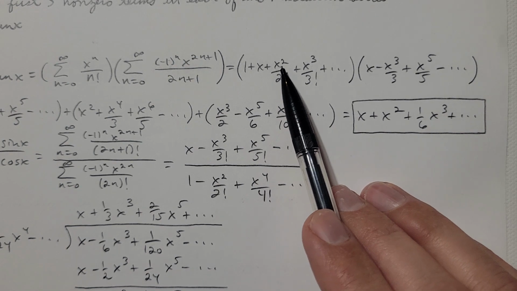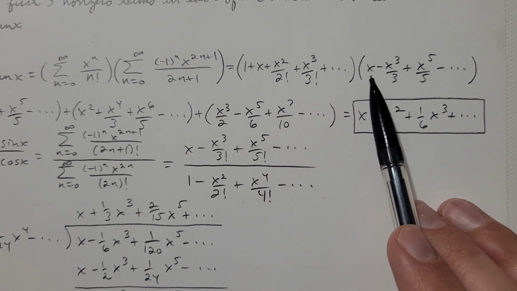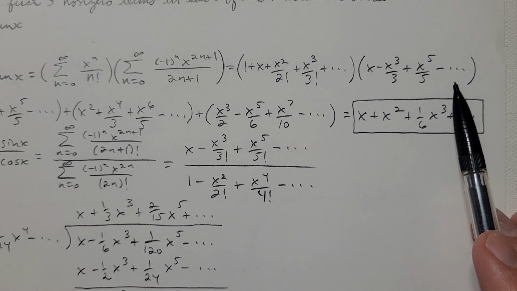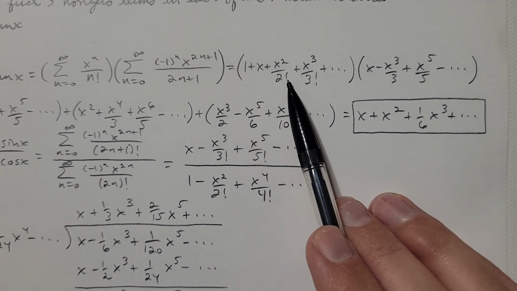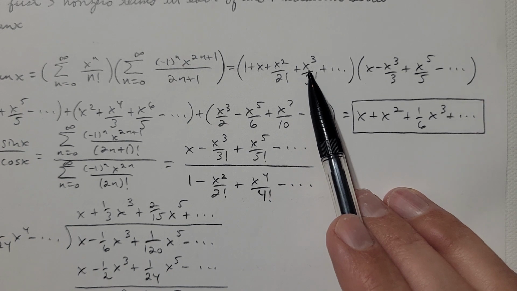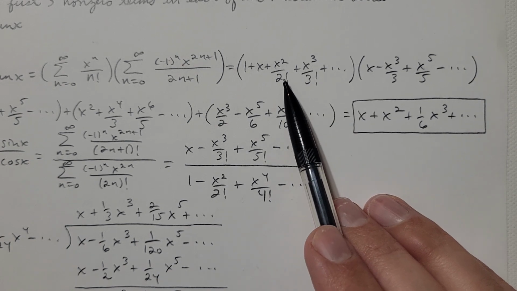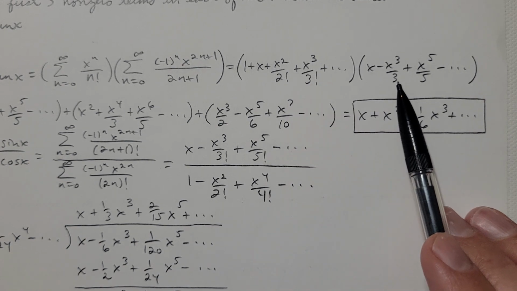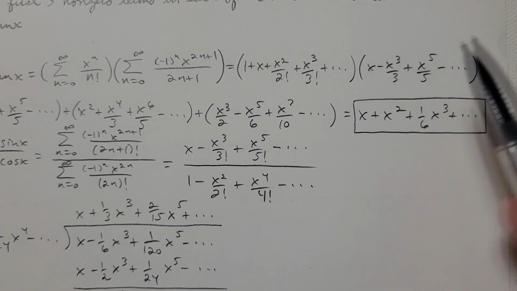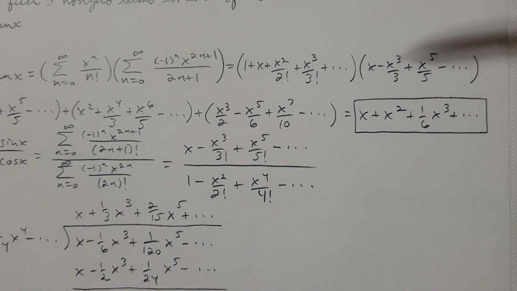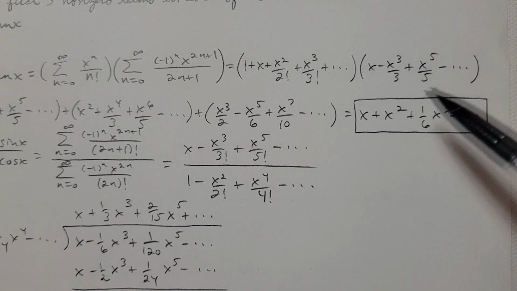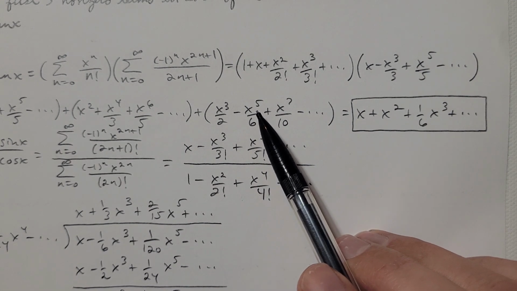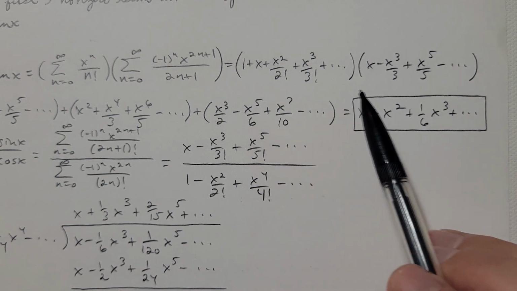Okay, and then when I distribute x squared over 2 factorial into all infinitely many of these terms, I'm going to have x cubed over 2, which is the same as 2 factorial, plus x squared over 2 times x cubed over 3. X squared times x cubed, let's keep the base and add the powers there. So I got x to the fifth over 2 times 3 is 6.